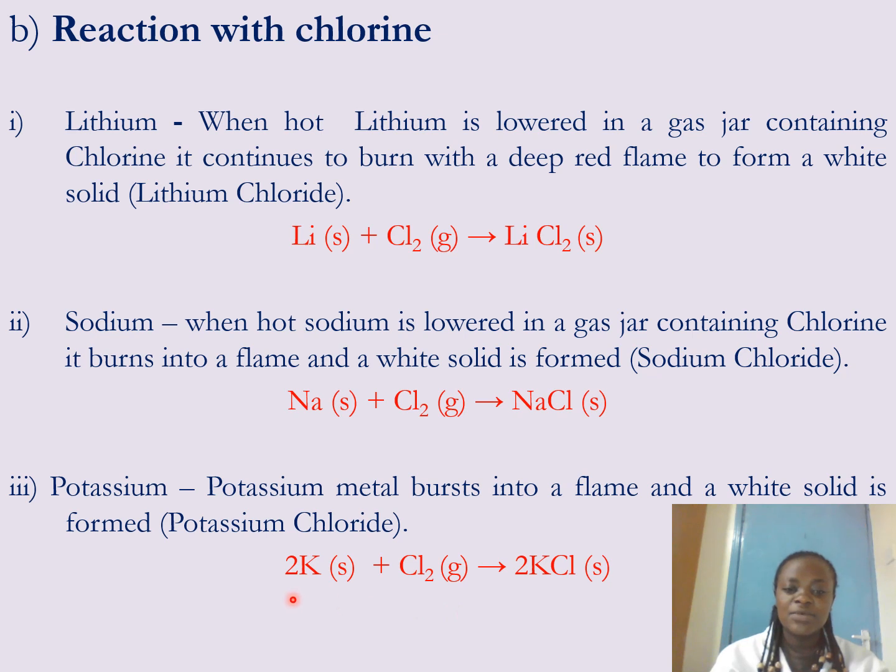We put a 2 in front of potassium and also in front of potassium chloride to balance the equation. So alkali metals react with chlorine to form metal chlorides, that is lithium chloride, sodium chloride, and potassium chloride.